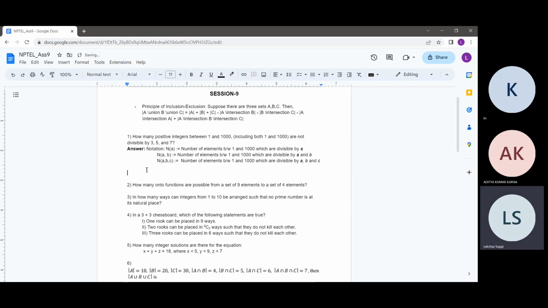So now what we need to find is the numbers which are not divisible by 3, 5, and 7.